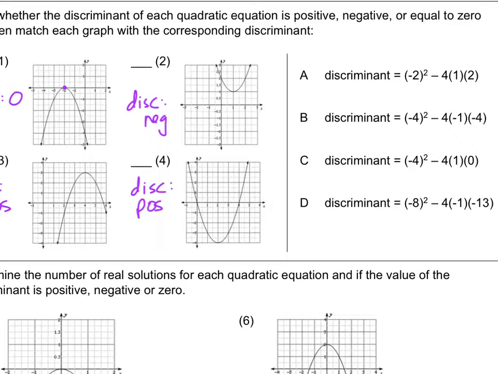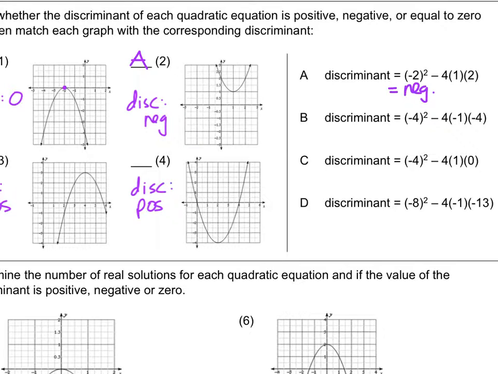So smaller minus bigger, it's going to be a negative quantity. And as you move forward, you'll see that we don't always care about what the number is. We care more about what kind of number it is. So A goes with 2. All right, because we already decided that we were looking for a negative discriminant for the second graph.